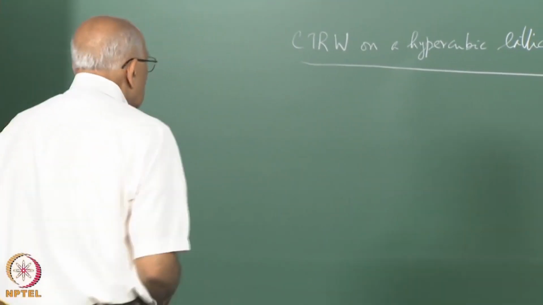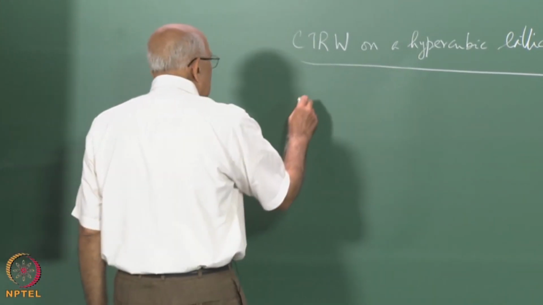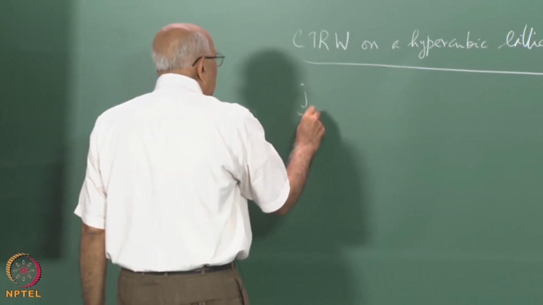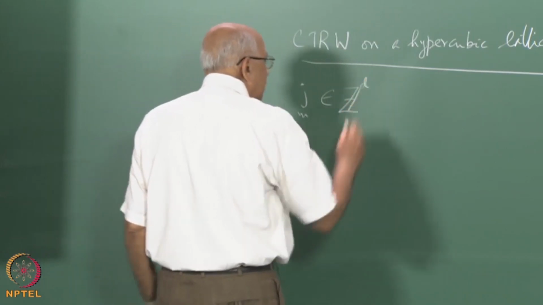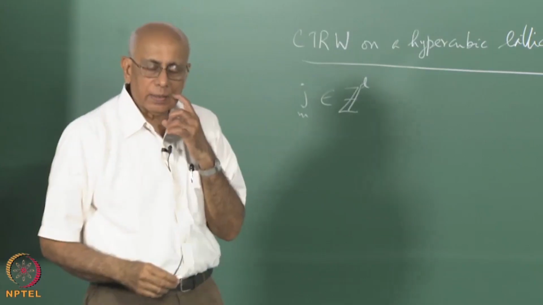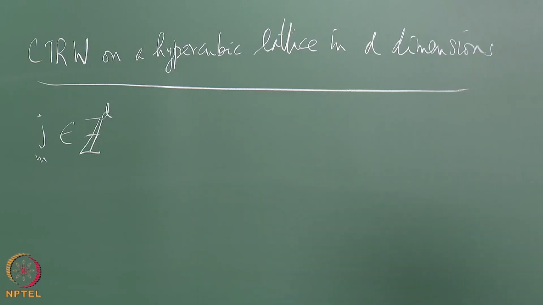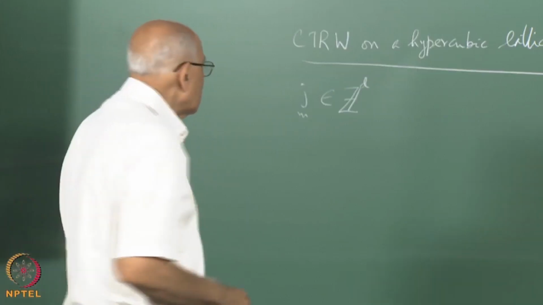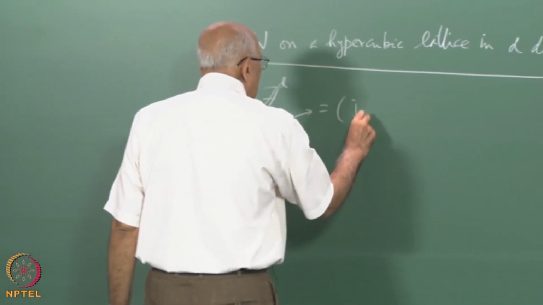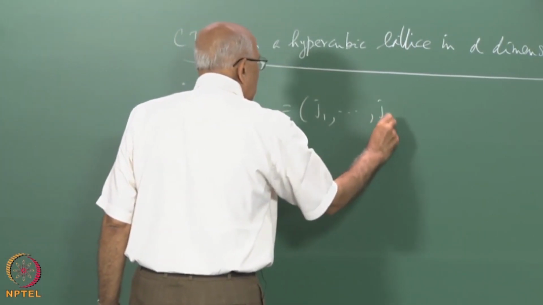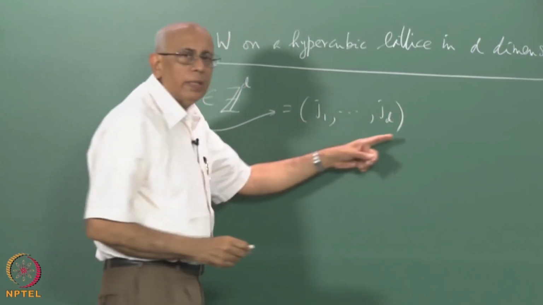Okay. So here is what happens. Let me denote by J an element of hypercubic lattice in d dimensions labeled by the integers, infinite lattice. So this J is shorthand for J1, J2 up to Jd, where these are all integers.